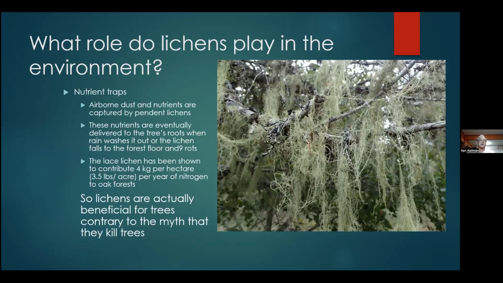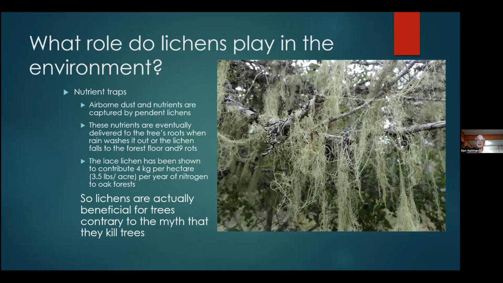Lichens are also nutrient traps. What does this mean? Well, consider for a minute how fast any horizontal surface in your house becomes covered with dust. The air is full of dust and nutrients, and these nutrients can be caught by these pendant lichens.